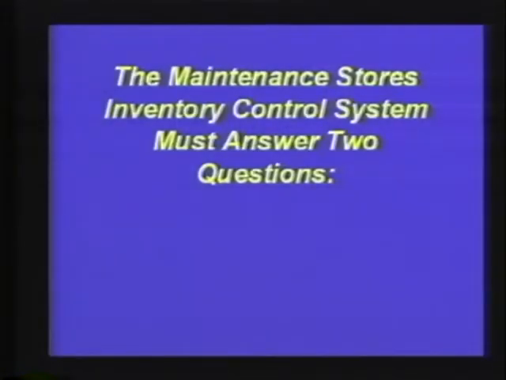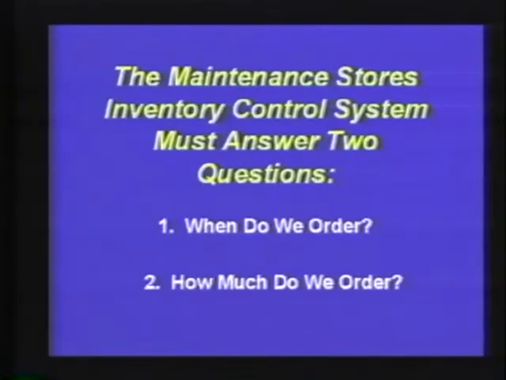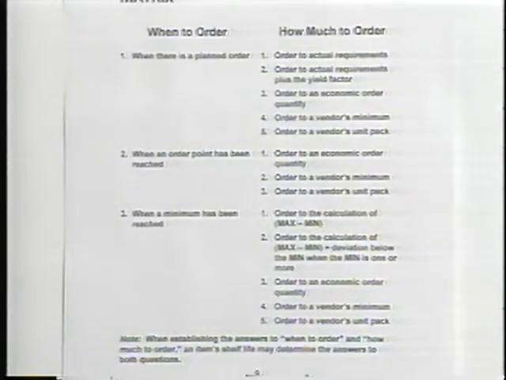So now moving to page number 8, we want to address the two questions, when should we order and how much should we order? The answers to those two questions is found on page number 9, which is the inventory management ordering matrix that I've alluded to several times.